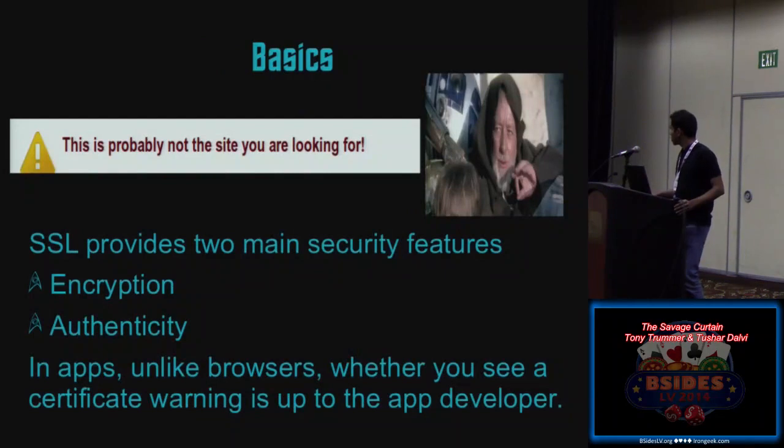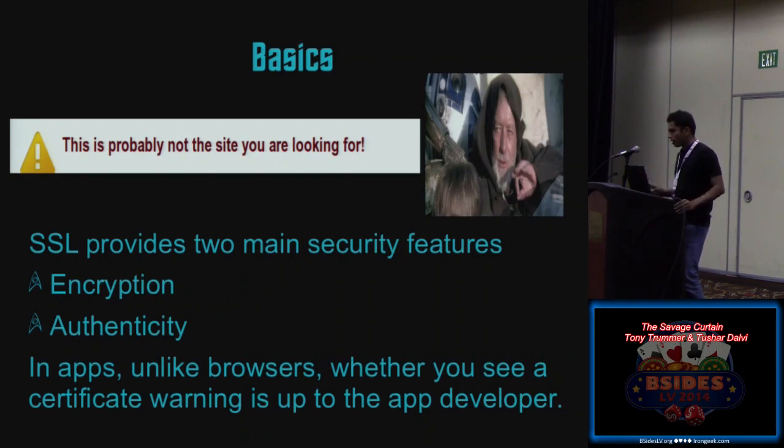So speaking of SSL, since most of us are familiar with the concept of SSL, let's try to recap the basics in, let's say, one slide. So SSL provides two key benefits, right? First is the secrecy or the encryption of data. And then we have authenticity, which guarantees the identity of the entity that you're trying to connect to.